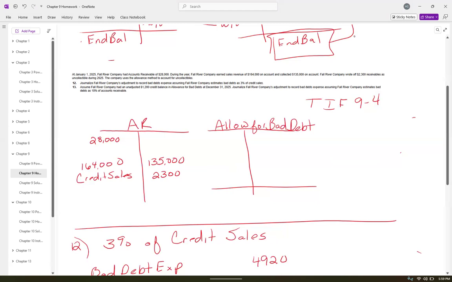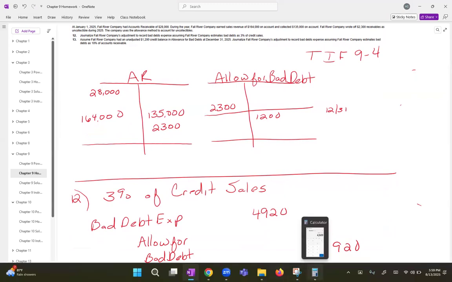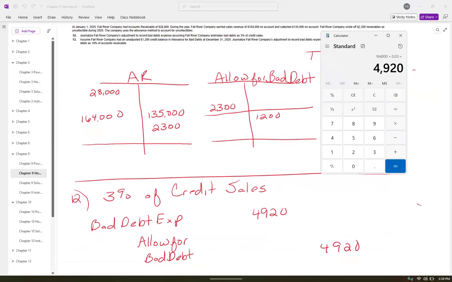That makes sense. So this 2,300 came, and then so let's say 12/31, they had a balance of 1,200. They want us to journalize the entry for bad debts based on 10% of the accounts receivable. So we got to come over here. We need all of this information right here. I worked it a while ago, but I took the total out.